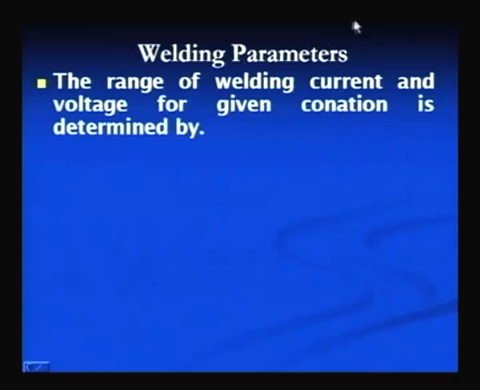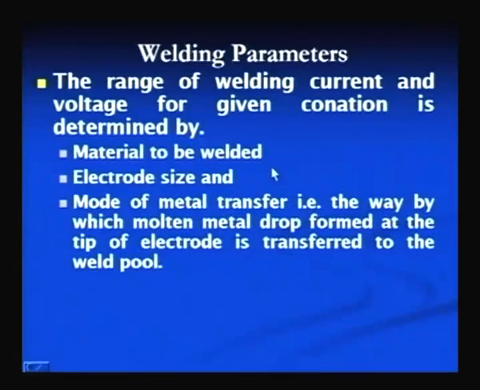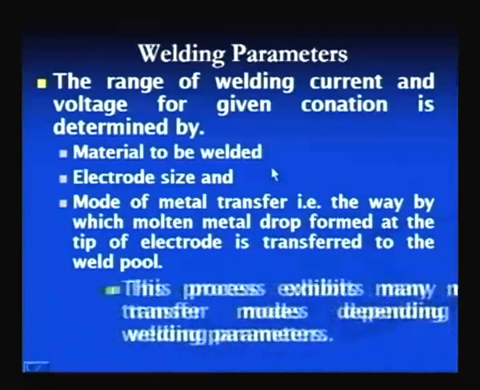The welding parameters like the welding current and the voltage are important, and the range of the welding current and the voltage for a given condition is determined by the material to be welded, the electrode size, the mode of metal transfer to be used.